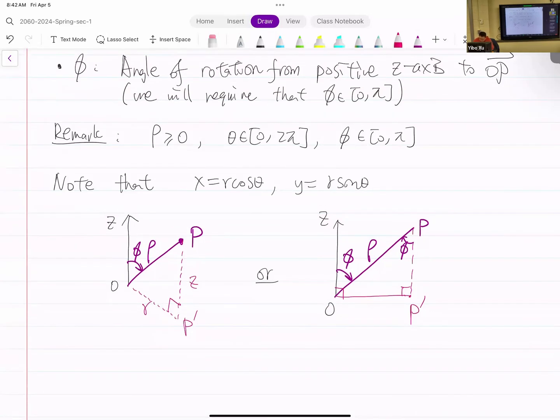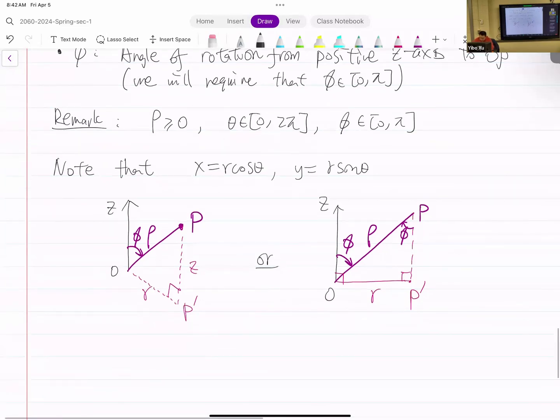So this tells you that within this right triangle, r is the opposite edge, while rho is the hypotenuse, of this angle phi. Just recall that P has the coordinates x, y, z. We know r, although we don't really want it within the description in rho, phi, and theta, but we can describe r.